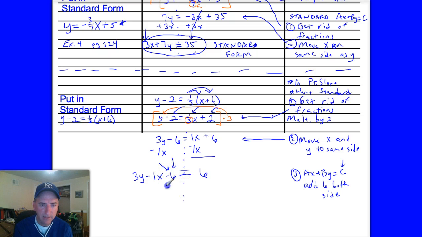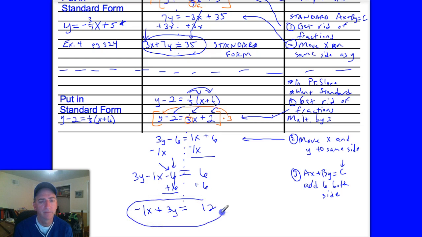If I add 6 to that, that becomes 0. Do it to the same side, add 6 there, and you get 12 on that side. I'm going to switch the x and the y around here, just because that's how we've looked at it: negative 1x plus 3y is equal to 12. And there you have standard form.